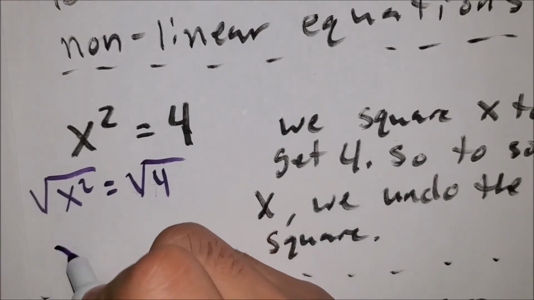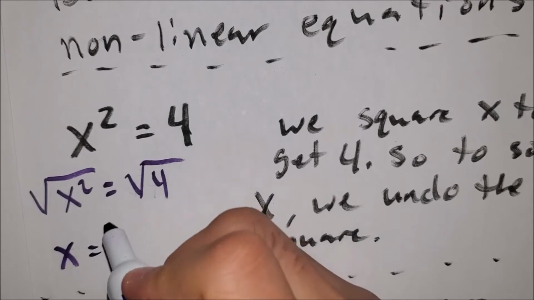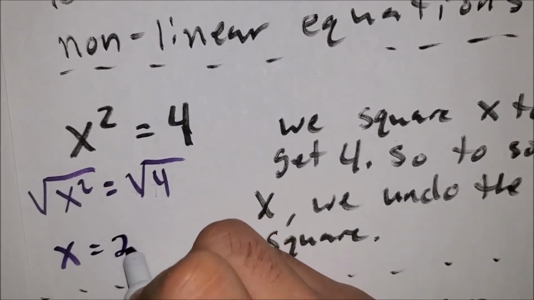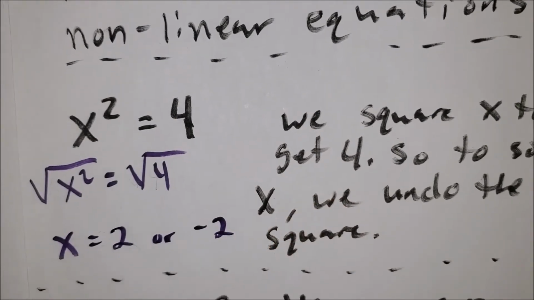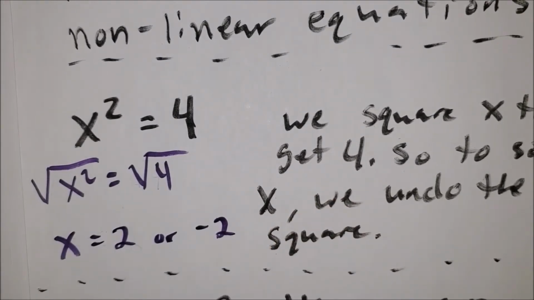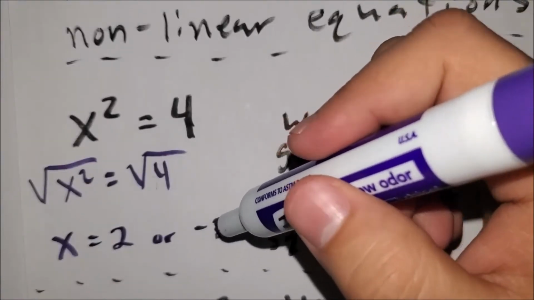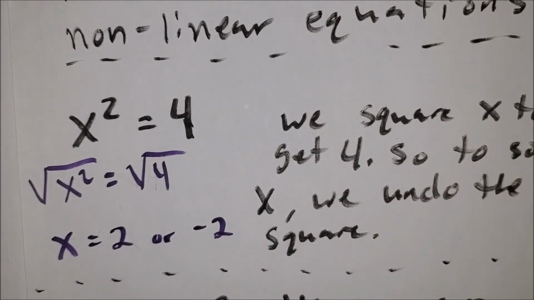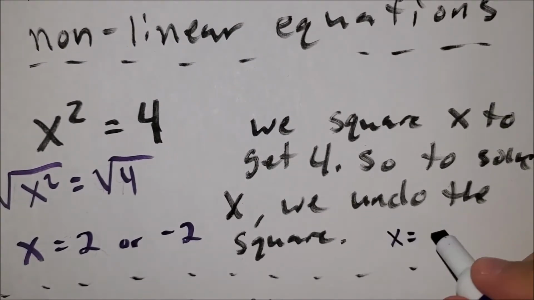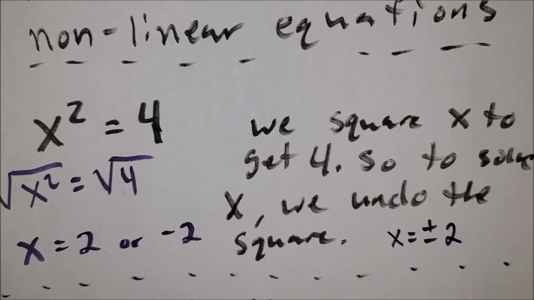So we get that x is going to be either 2 or negative 2. And the reason we say 2 or negative 2 is because if we square negative 2, we still get 4. So this is usually shorthand written as x equals plus or minus 2.